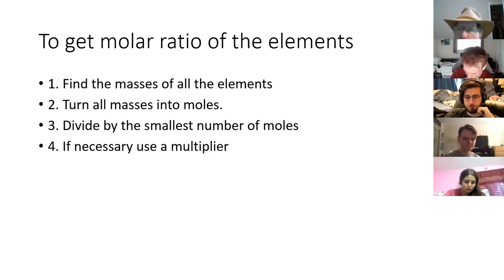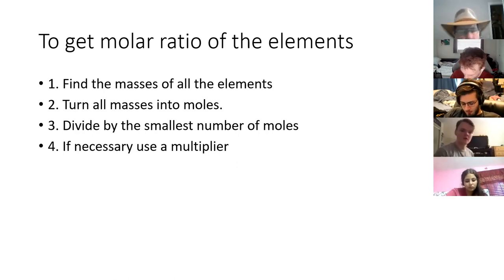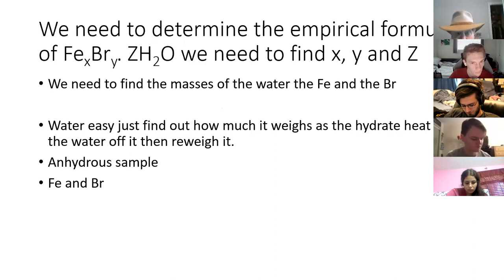Multiply it by 4, and you get 4 to 5. More importantly, you multiply both numbers by the 4. So instead of a 1 to 1.25 ratio, you have a 4 to 5 ratio. Is this making sense? Is this kind of reminding you what's been done in the past, guys? Yes, sir. So empirical formula problems, this is the strategy we're going to use to work them.